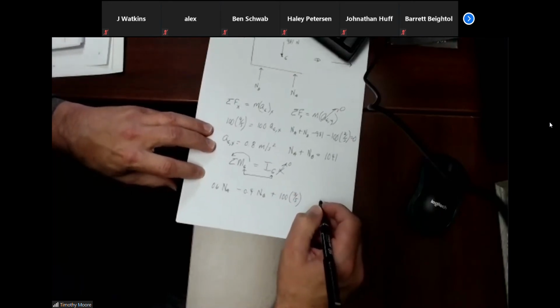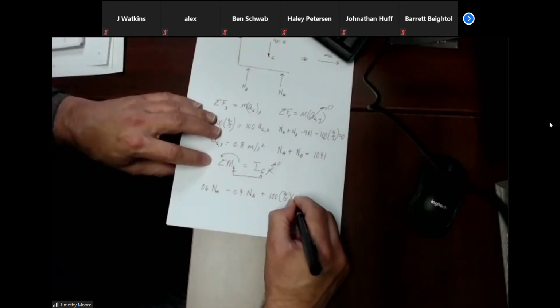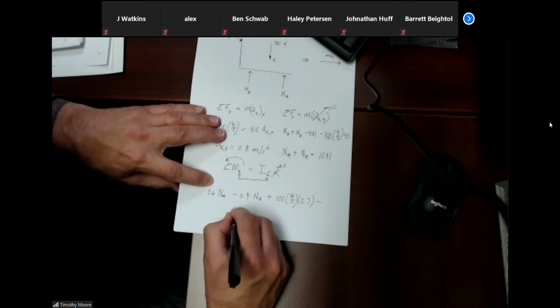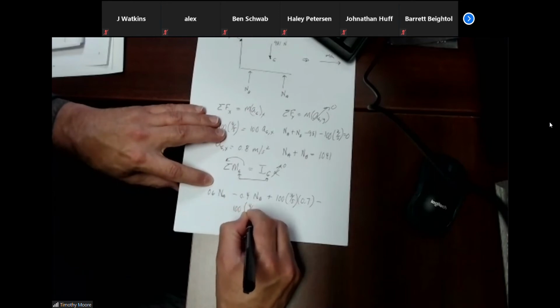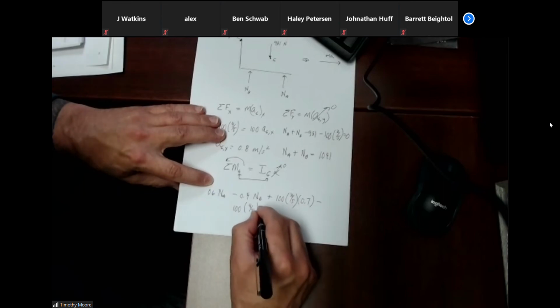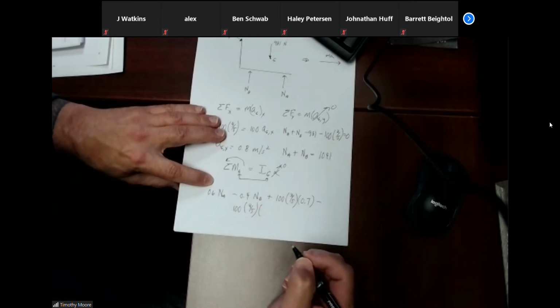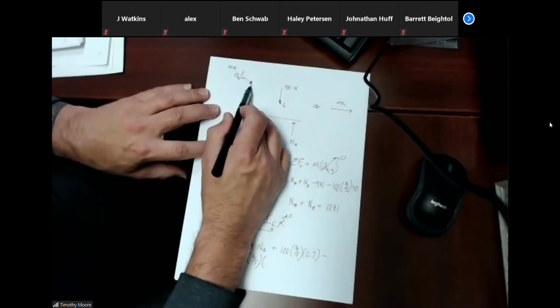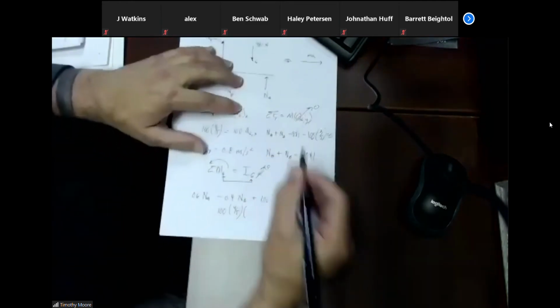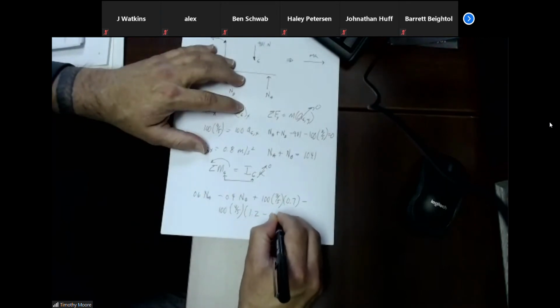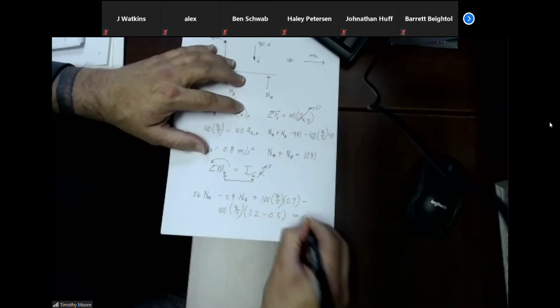This is the vertical component of this force times 0.7 minus 100 times 4/5, which is the horizontal component. It has a negative moment, and then the distance between the center of mass and the horizontal component of this force is here. This is going to be 1.2 minus 0.5, and this is equal to 0.